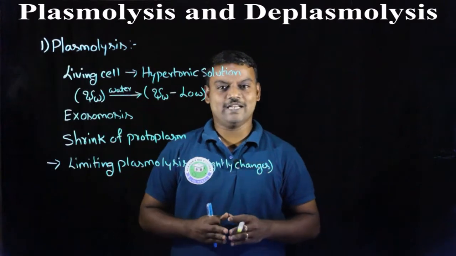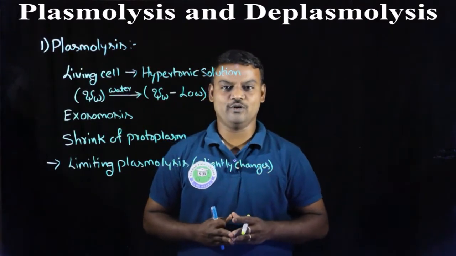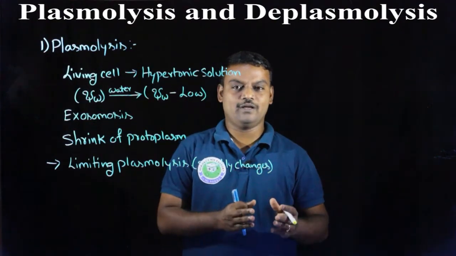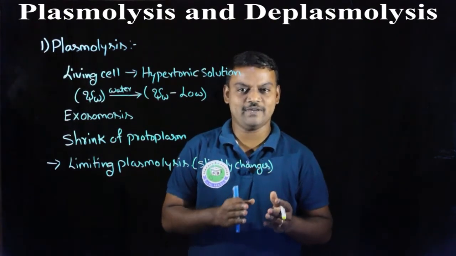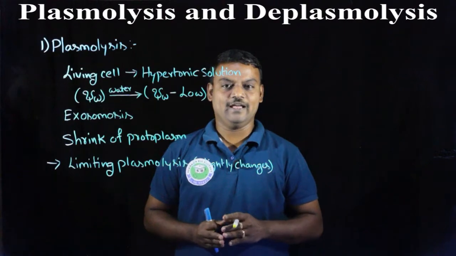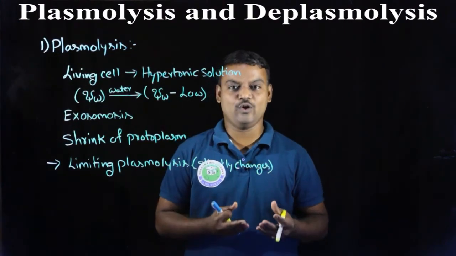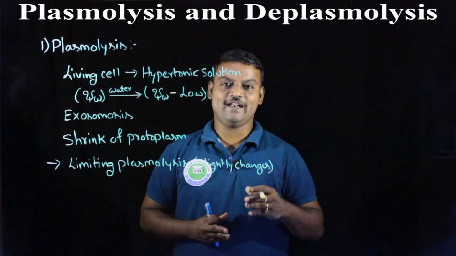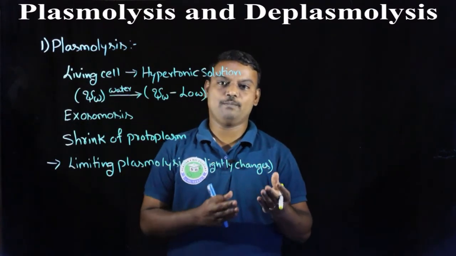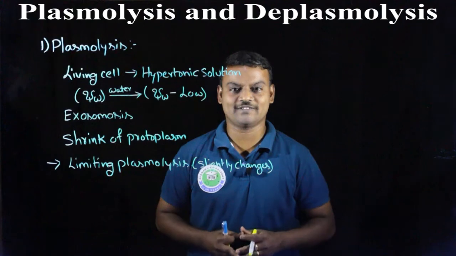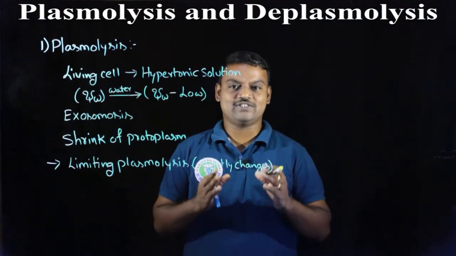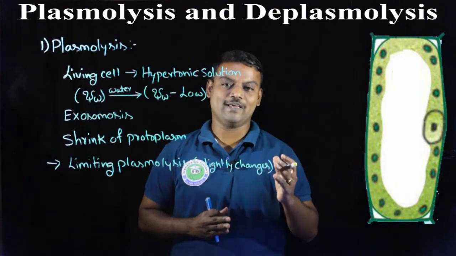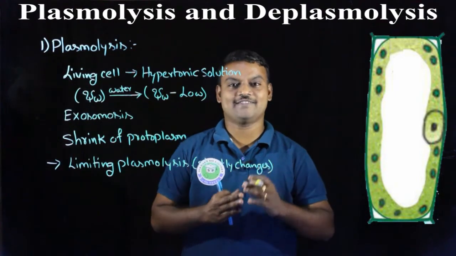Again, by keeping this living cell in the hypertonic solution for a long period, gradually the water present in the protoplasm comes out. Then the water present in the vacuole comes out from the vacuole into the protoplasm, and then this water is removed from the protoplasm to outside of the cell. At this time, shrinkage of protoplasm takes place, and the protoplasm gradually separates from the cell wall.